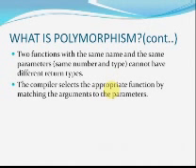Compilers select the appropriate function by matching arguments to the parameters. Generally, it is the ability to appear in many forms. In object-oriented programming, polymorphism refers to a programming language's ability to process objects differently depending on their data types or classes.